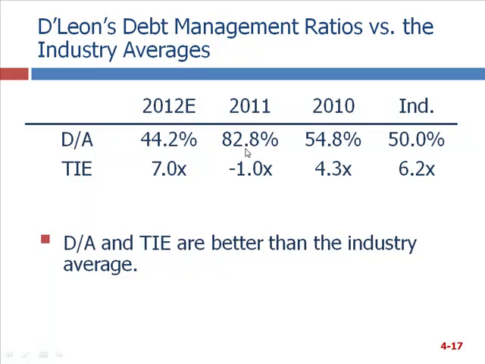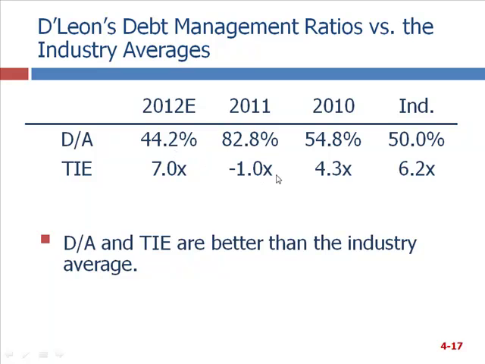They wouldn't want to be that leveraged. They wouldn't want to have that much debt. Over here, with the changes it's made for the most recent year, this is not so bad. 44.2% compared to the industry average of 50%. It's actually a little below average, and that's okay. In fact, it could be argued that that's a good thing.